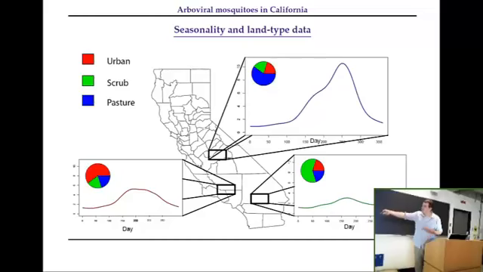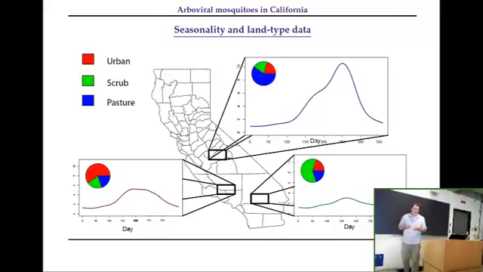Maybe if you went down to the Inland Empire in Southern California, where it's primarily urban, you'd expect to see somewhat of a similar pattern, but it's primarily urban, so we're not going to have as many mosquitoes. Maybe if you went out here, you'd expect to see mostly scrub, and you'd have even fewer mosquitoes. Again, this isn't actually a true representation of out here, but this is just to show what maybe one would expect.